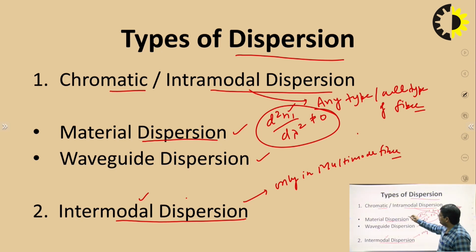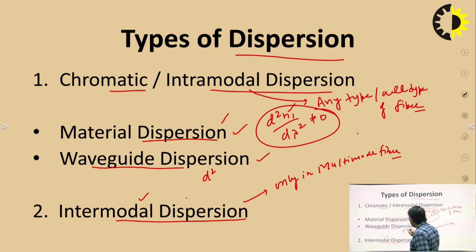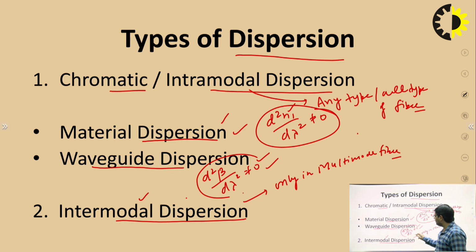Whenever the intramodal dispersion occurs because of the guidance effect within the fiber, then that is known as waveguide dispersion, where d square beta by d lambda square is non-zero. So because of the guidance effect it is waveguide dispersion, or because of the material it is material dispersion.